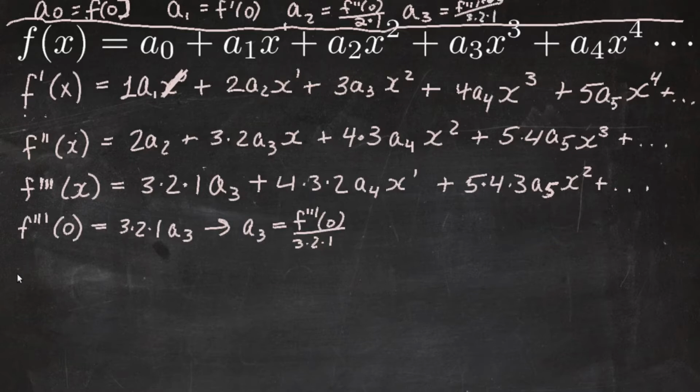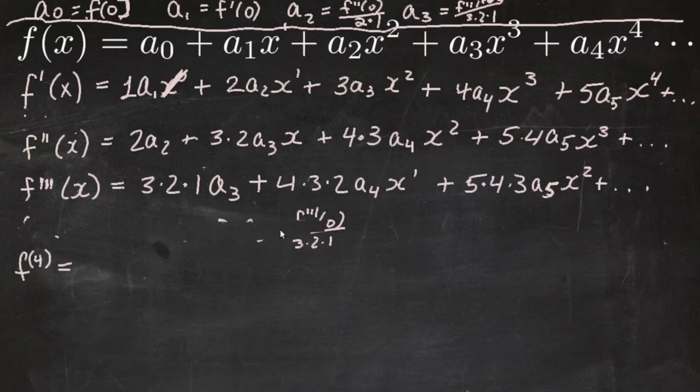And I think we're catching on to the pattern. Let's take one more derivative. The fourth derivative is the derivative of the third derivative. So, clearing out here our substitution of 0 into the value, I see that the derivative of a constant, of course, is 0. And I have 4 times 3 times 2 times 1, a sub 4. That's pretty clear evidence for me.